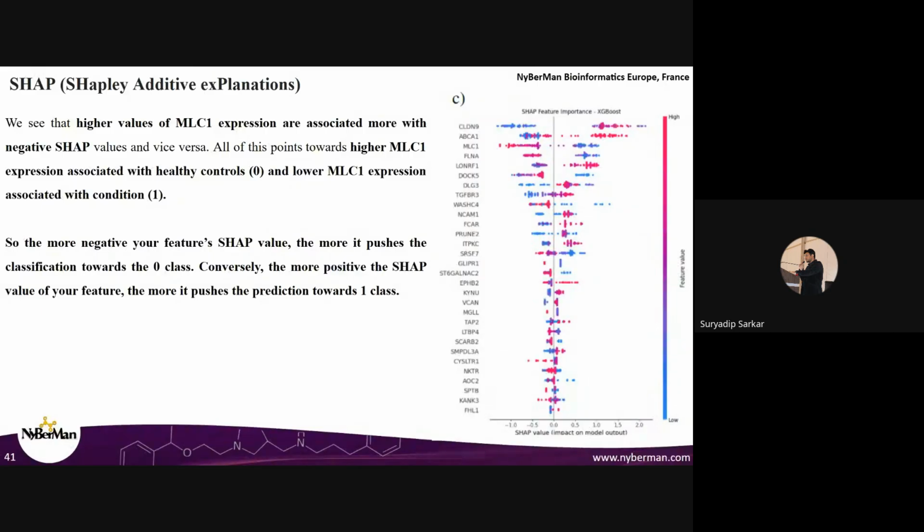So SHAP stands for Shapley additive explanations. A very common problem with machine learning is that a lot of these models are not very explainable, in the sense that we know the model is classifying a certain sample as benign or malignant and so on, but we don't exactly know why. What are the features which are actually helping us do this classification?